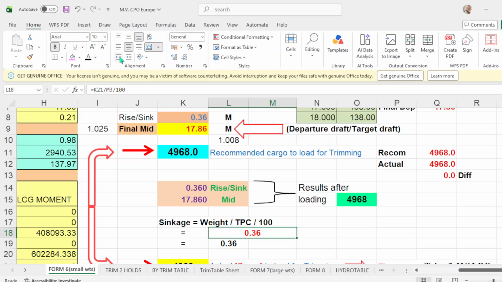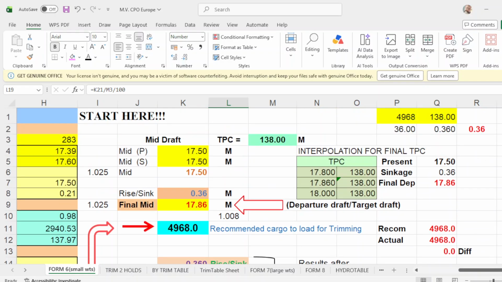So there are three ways of getting your sinkage. This one, and this one. Three ways.